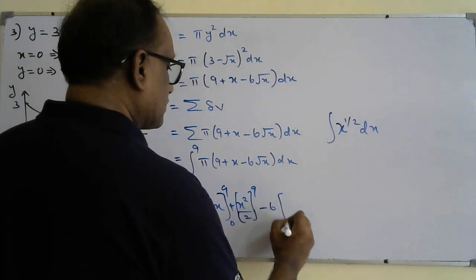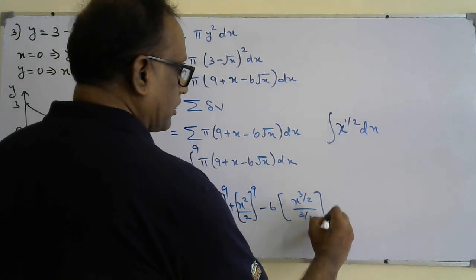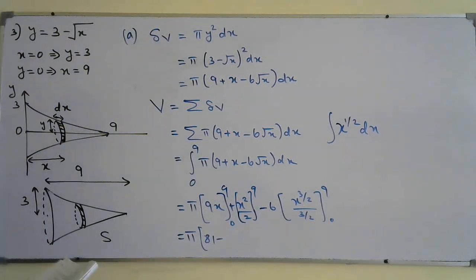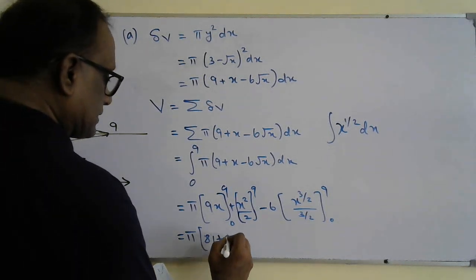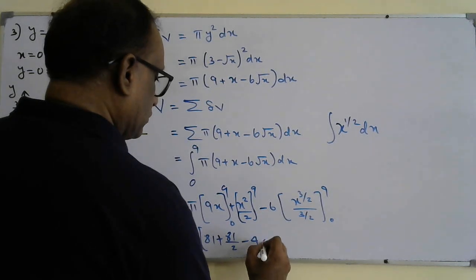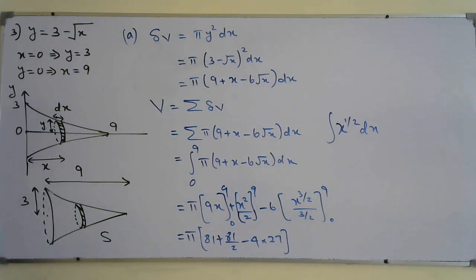Minus 6 x 3 by 2 over 3 by 2, I can also take it out, no problem, 0 to 9. Okay, so solve them. When you solve, you will finally get pi into 81 plus 81 by 2 minus 4 into 27. Solve it, check it.